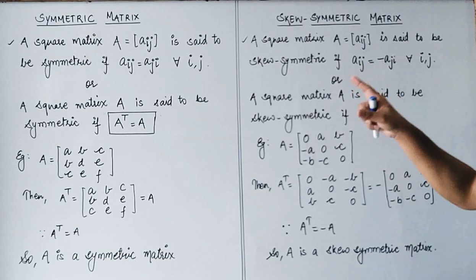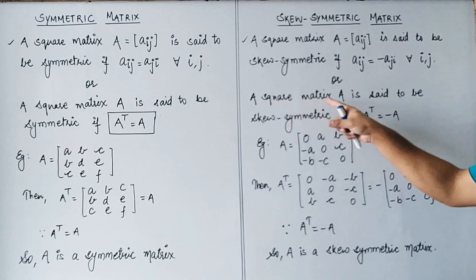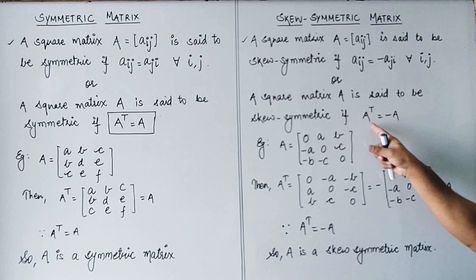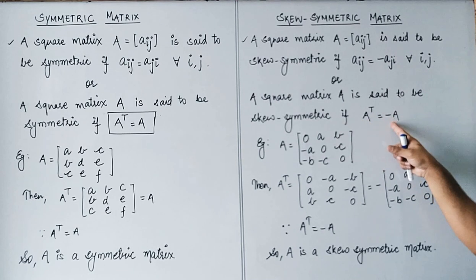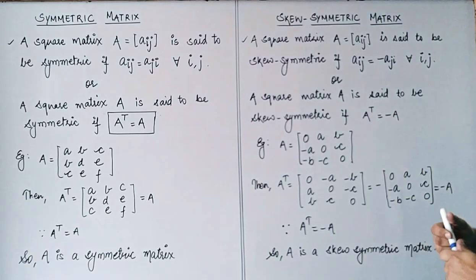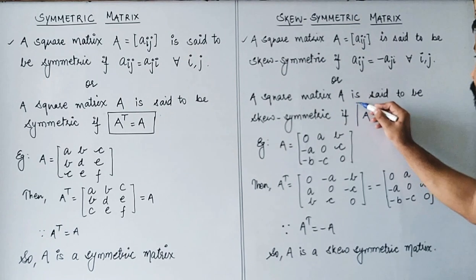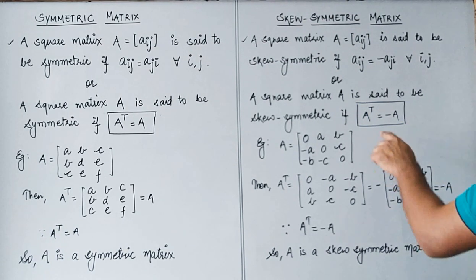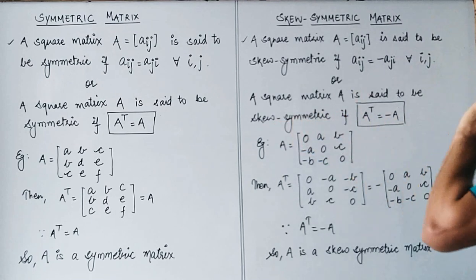Or in simpler terms, we can say a square matrix A is said to be skew symmetric if transpose of A is equal to minus of A. That is, if A transpose is equal to minus A, then we say that matrix is skew symmetric.